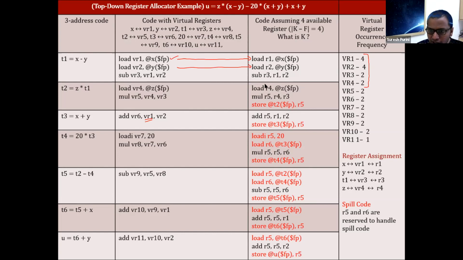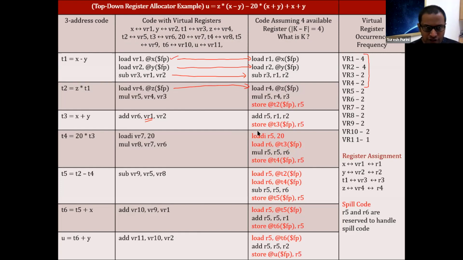Then T1 is allocated physical register R3. So we map this instruction to this instruction with all physical registers: subtract R3, R1, R2, because VR3 is allocated the physical register R3. Similarly, VR4 is allocated R4, so this load instruction gets mapped to this.